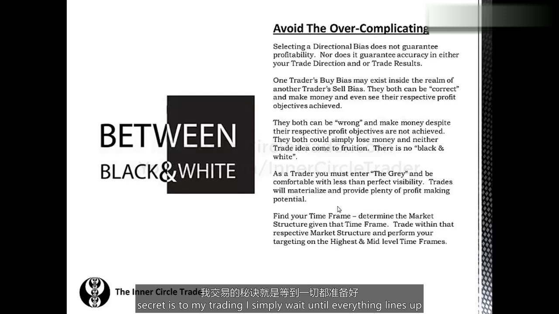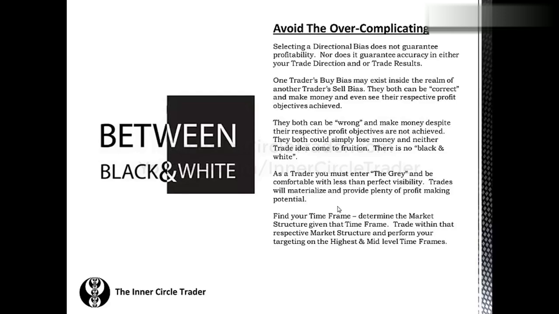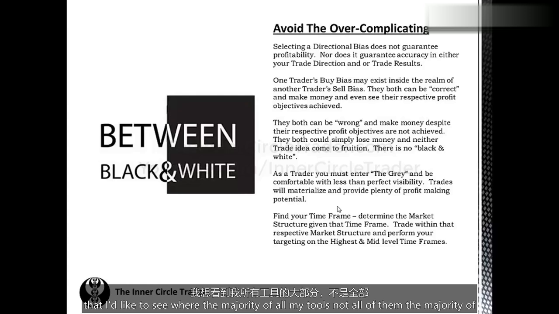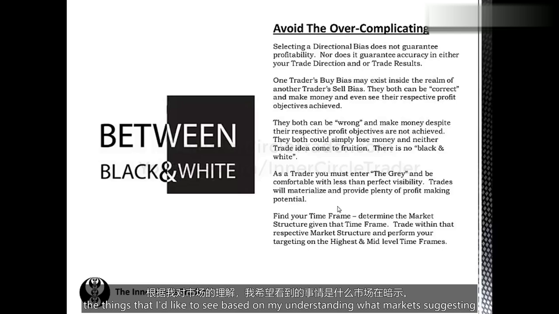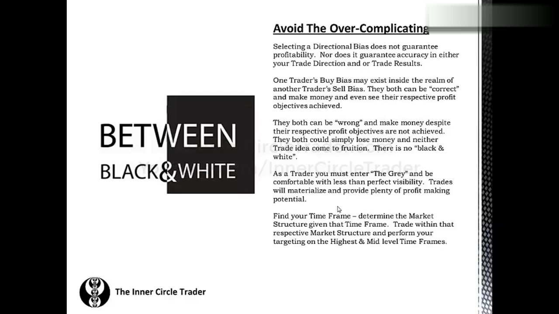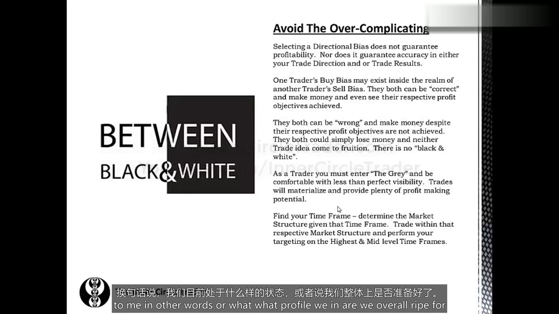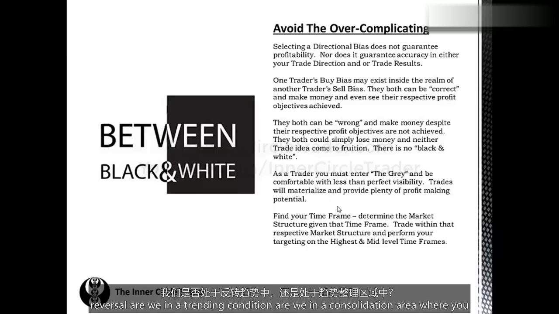I simply wait until everything lines up that I'd like to see, where the majority of all my tools, not all of them, the majority of the things that I'd like to see, based on my understanding of what the market's suggesting to me. In other words, what profile are we in? Are we overall ripe for reversal? Are we in a trending condition?